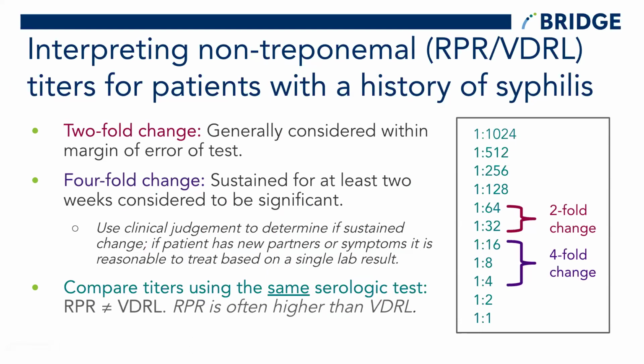Then this is just to talk about how you handle it if you have two different RPRs. How do you know if an individual is reinfected or unresponsive to the treatment that has been given to them?